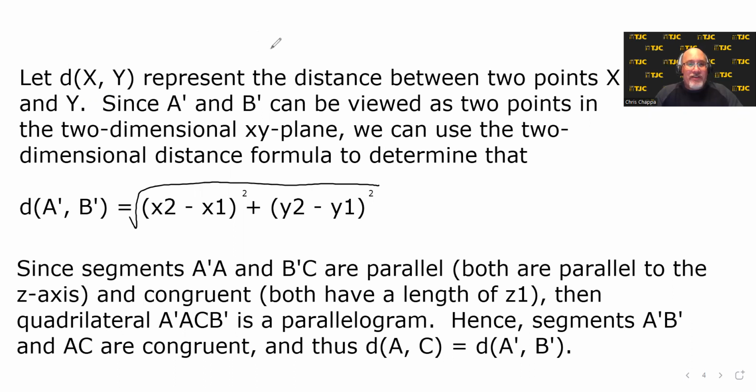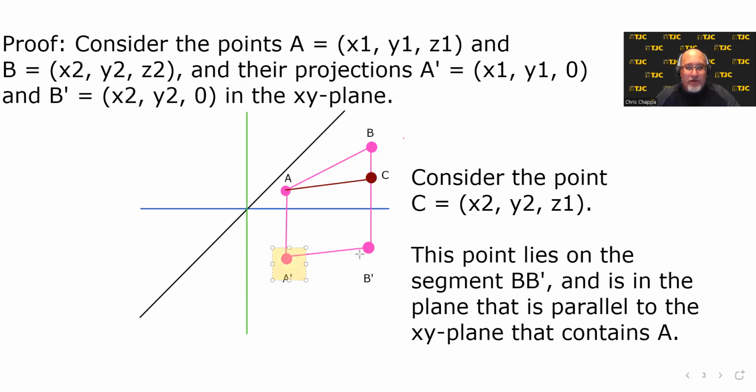Now, I kind of already mentioned this, but since A prime and B prime can be viewed as 2 points in the two-dimensional XY plane, so let's go back over here. These 2 points down here live in a plane, and honestly, any 2 points always have a plane that they live in. I would argue that there's an infinite number of planes that contain the points A prime and B prime, but most importantly, they both live in the XY plane.